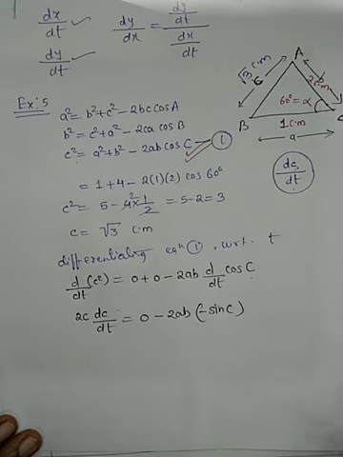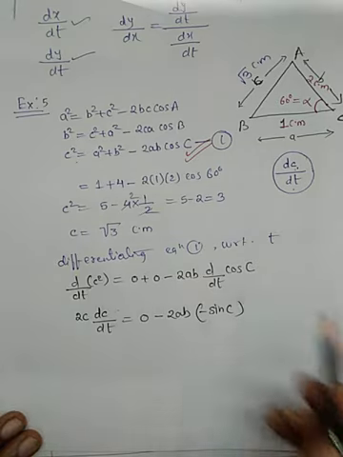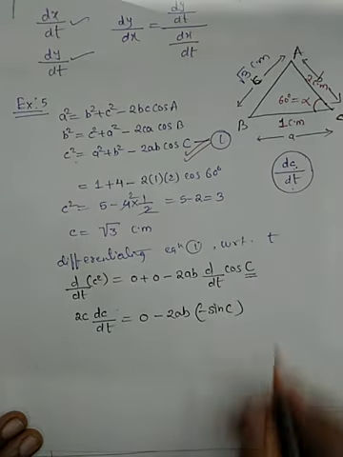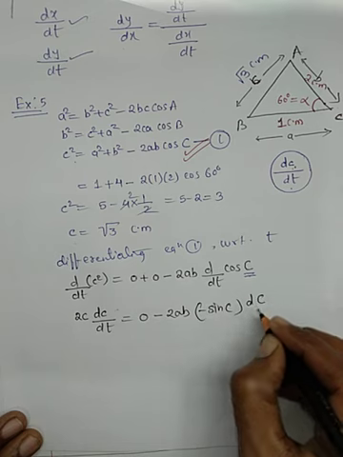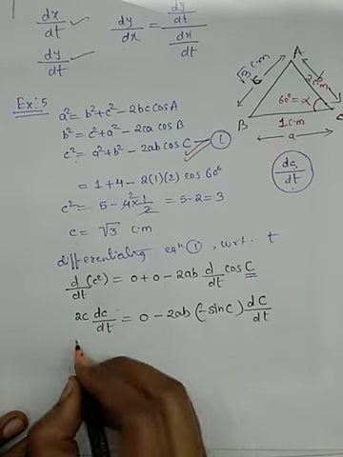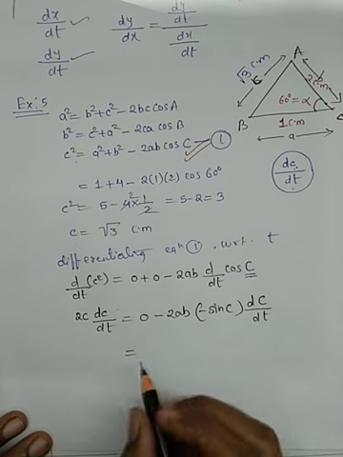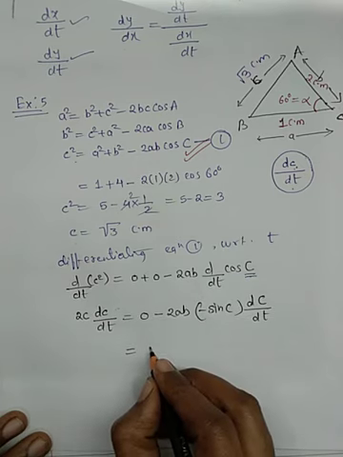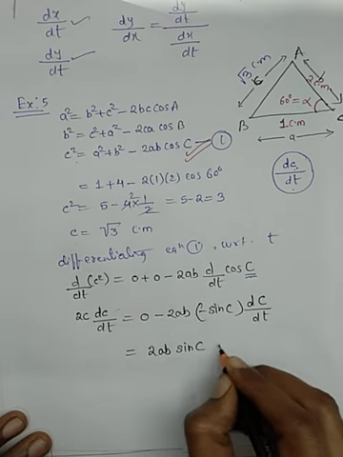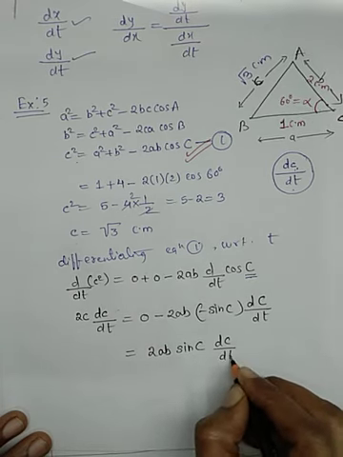Therefore, again we will apply the chain rule, to find the derivative of C. This is capital C. Write down properly with respect to t. Now, on the right hand side, minus and minus is plus. It is 2ab sin of C dC by dt.